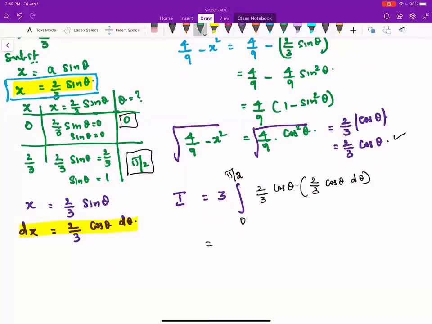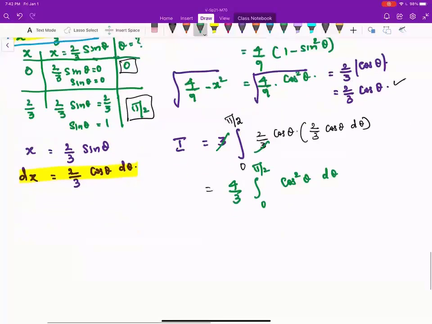So one of the threes can be crossed out. You get 4 divided by 3, then integral 0 through pi by 2 cosine square theta d theta.